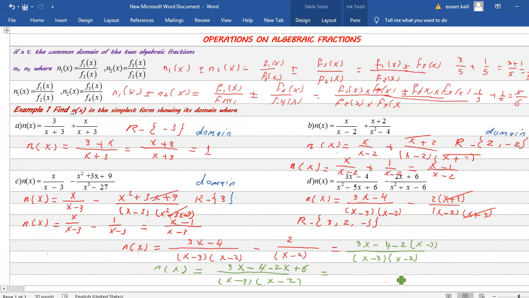Writing the like terms together, it will become 3x minus 2x, it will become x, negative 4 plus 6, it will become plus 2, over x minus 3 times x minus 2.